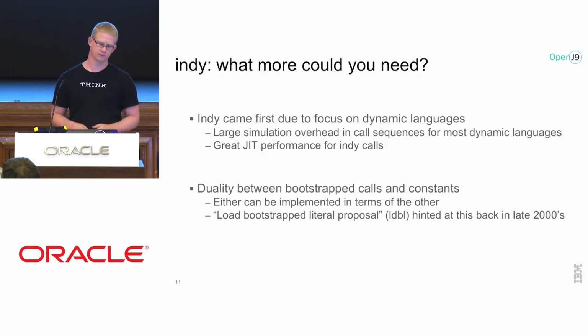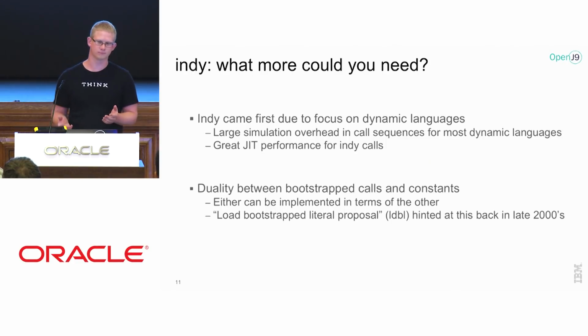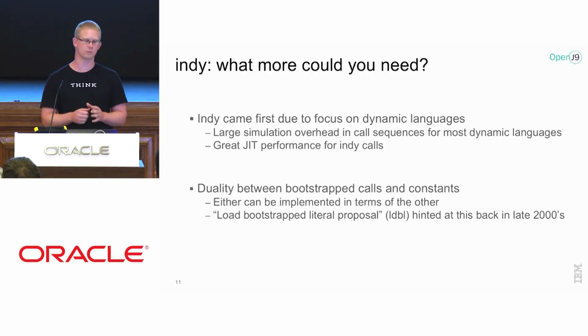All right, so that's Invokedynamic. Why could you want anything more? Well, in Java 7, when we did Invokedynamic, a lot of the focus at that time was on dynamic languages. And one of the major problems dynamic languages had was calls. In order to do calls, you frequently fell into reflective code.